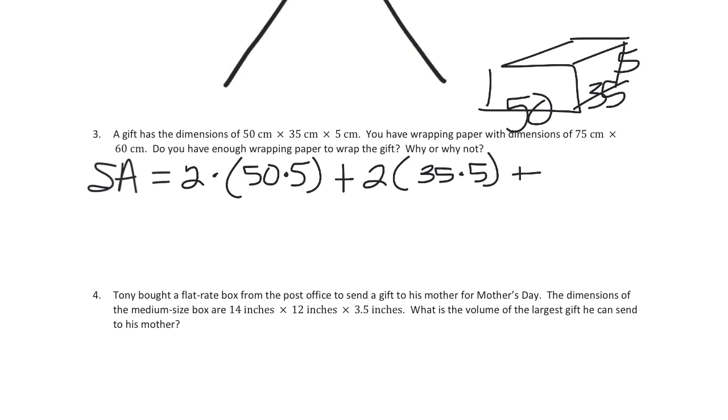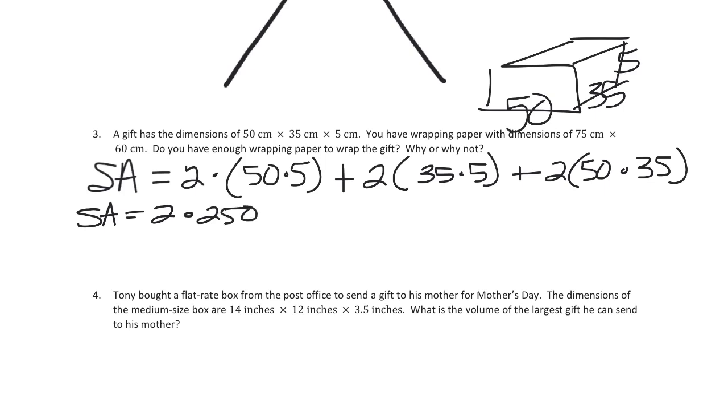And then the top and bottom, 2 times 50 times 35. So that surface area, 2 times 250 plus 2 times 35 times 5, 175, plus 2 times 50 times 35.